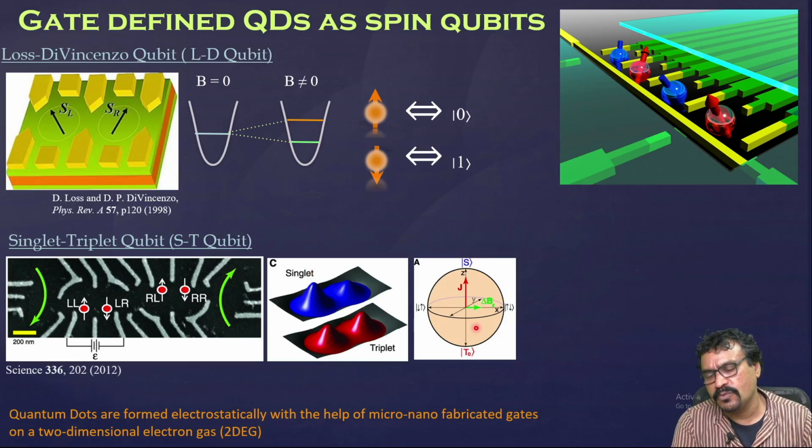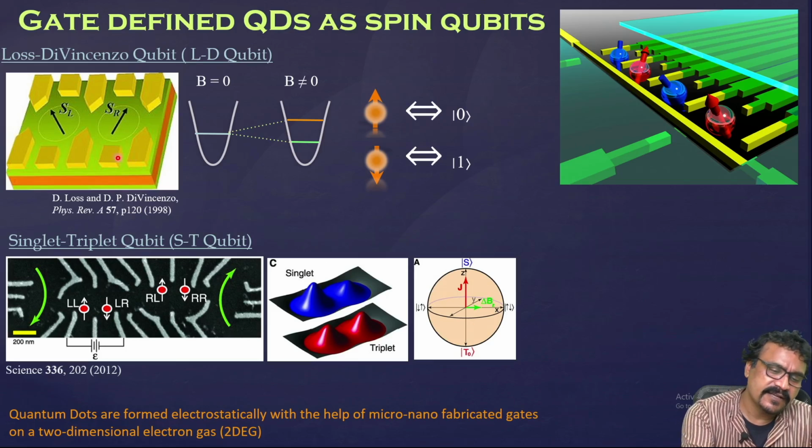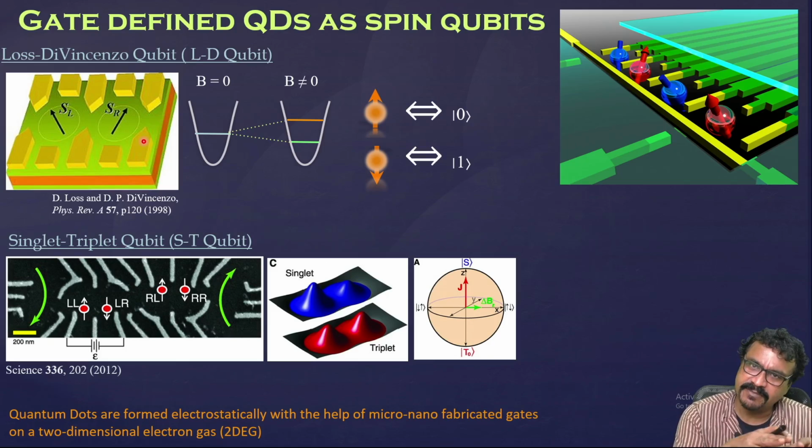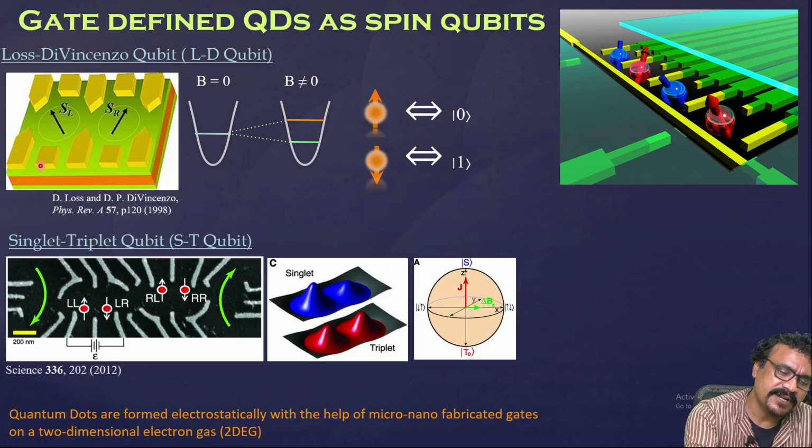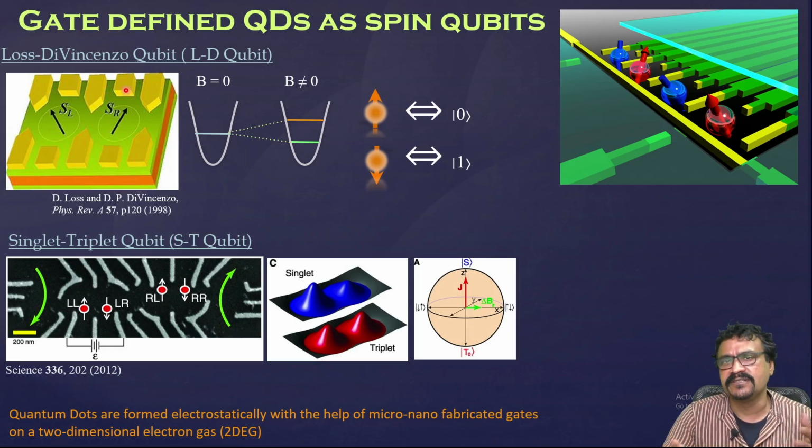Now, in the light of the DiVincenzo criteria, these are very simple gated structures which can be lithographically defined on a large scale wafer, and each of these dots can be addressed by sending appropriate voltage signals to individual gates.